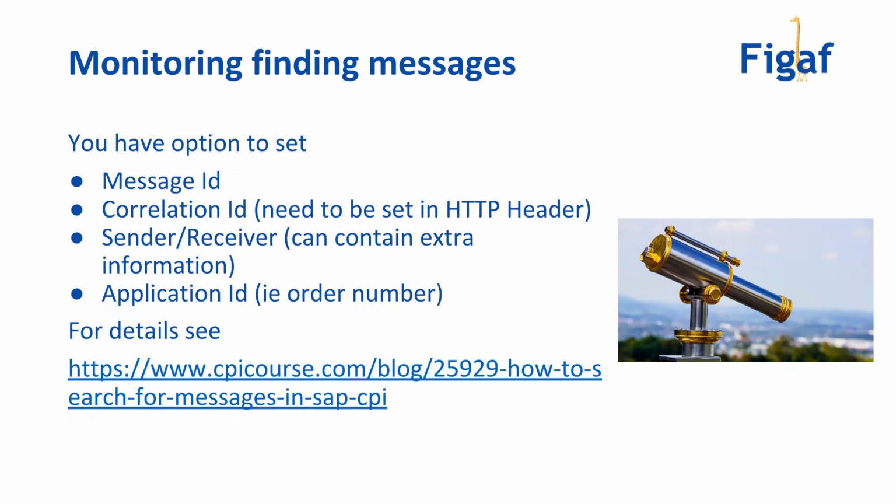In our HTTP header, we could set the correlation ID, and that meant that when we were calling data from the SAP system, we could actually use the same correlation ID to find it. And the link for this blog is also in the chat, so you should hopefully be able to see that.